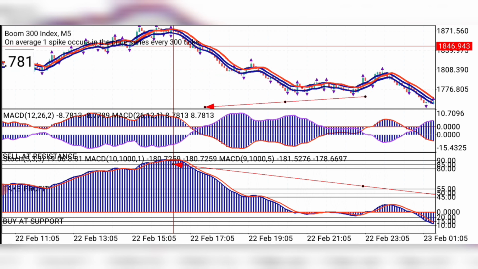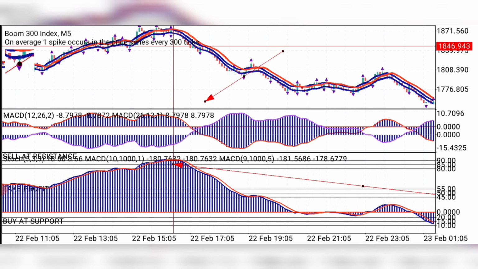Once the market has gone to the overbought level, the second confirmation when taking your sell is that there must be a crossover between the red signal line and the purple signal line. Are you seeing it?